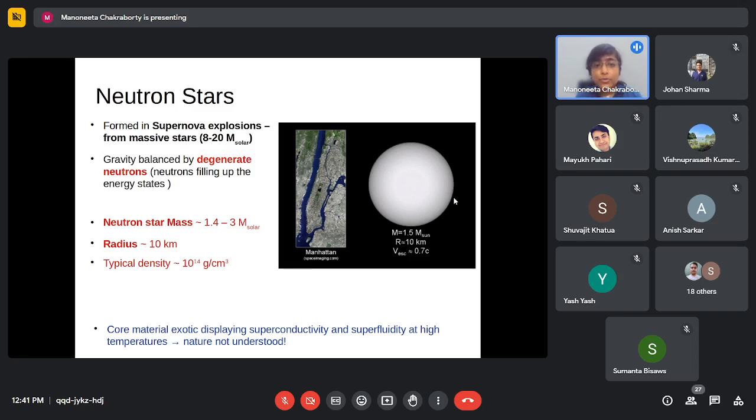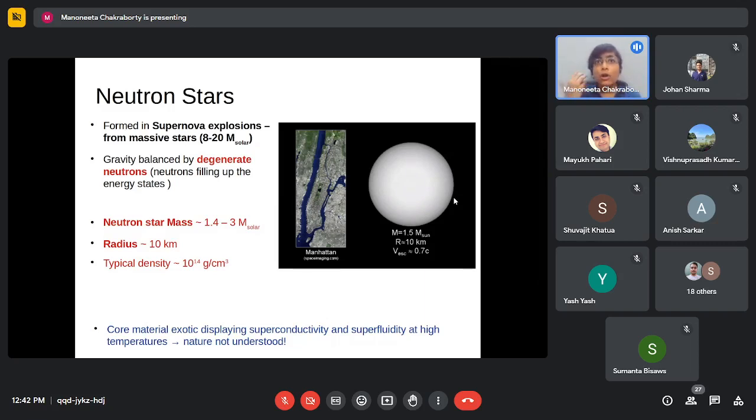Stars with masses between 8 to 20 times the mass of our sun will form a neutron star. So what happens in a neutron star? As gravity starts to collapse, there comes a point where the degeneracy pressure of the neutrons balances the gravity, setting a new equilibrium.